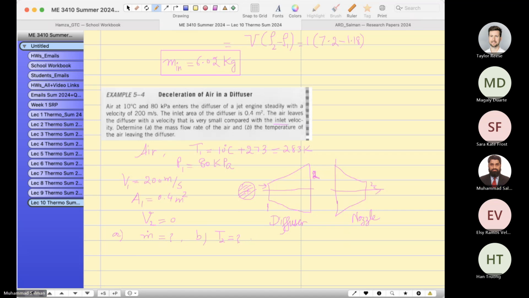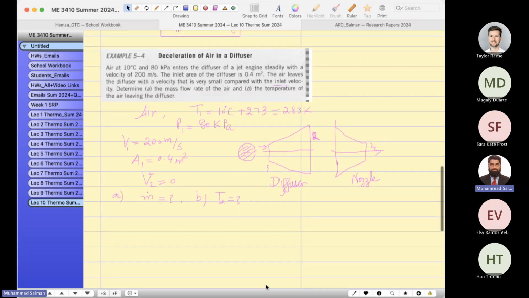Let me show you something: if you see a temperature related problem, enthalpy is very good. If you know enthalpy, say h2, then indirectly we can find out the temperature of the fluid, so of air. So we have to use the table.